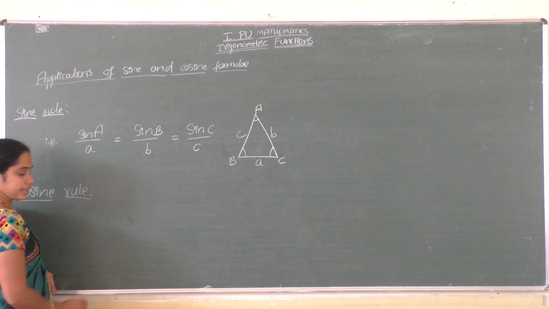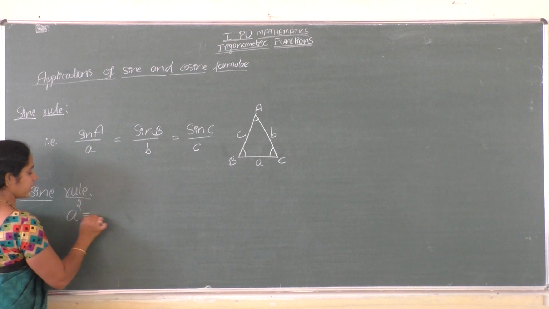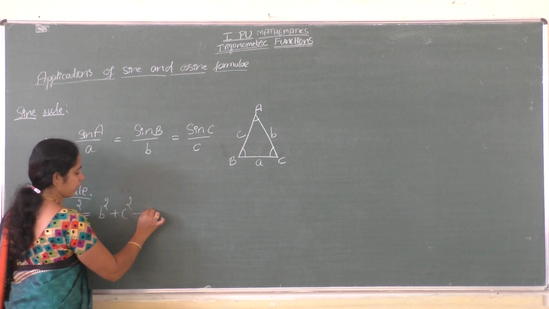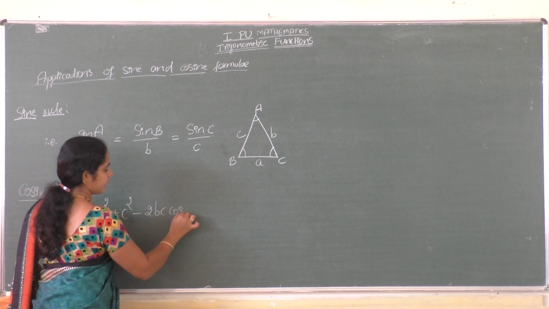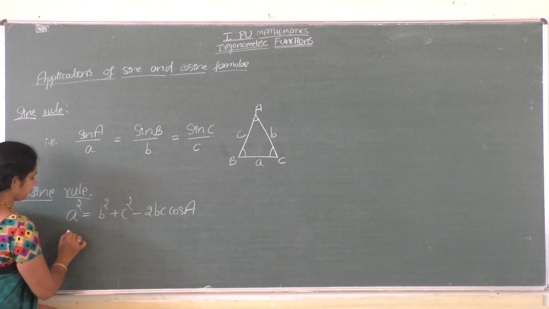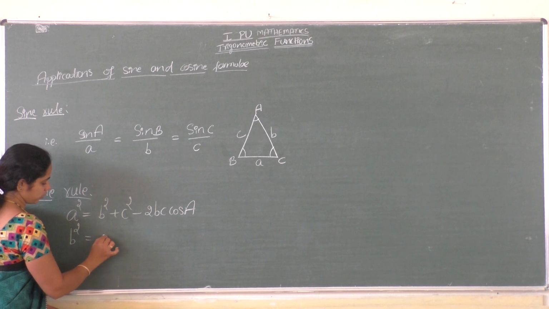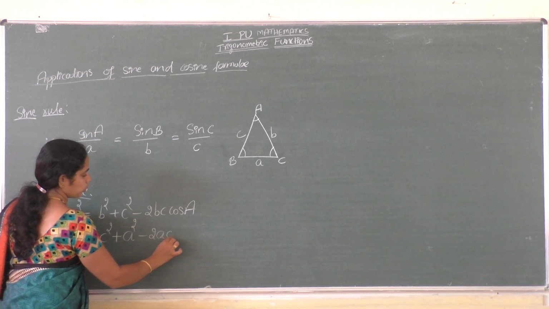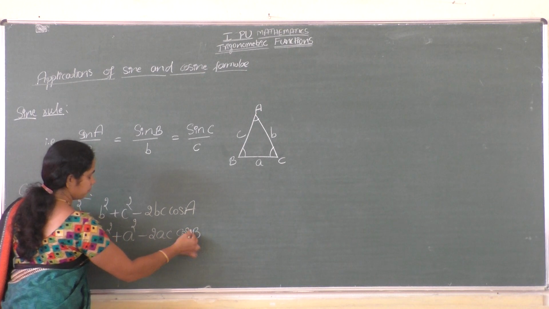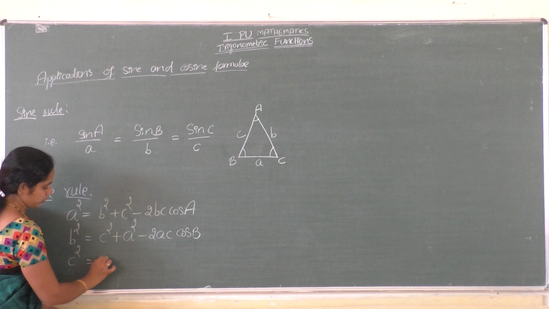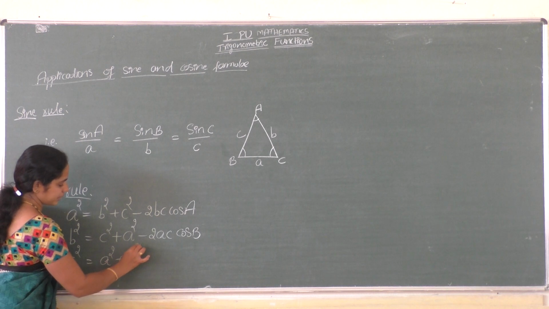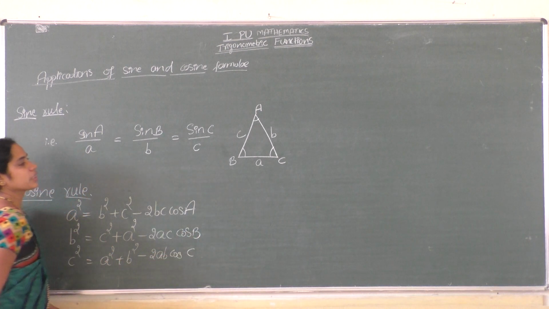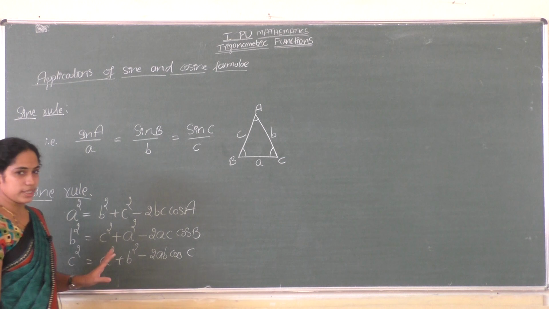Then a square is always equal to b square plus c square minus 2bc cos A. b square equal to c square plus a square minus 2ac cos B. c square equal to a square plus b square minus 2ab cos C. This is the cosine formula.